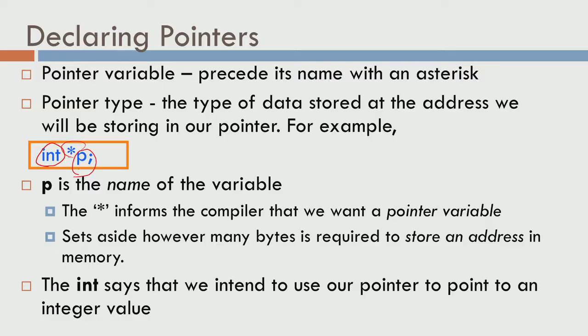So, p is the name of the variable and the star symbol there informs the compiler that we want a pointer variable, it should not be an integer p, it should be a pointer p, which means you are going to store addresses in them and not integer values. The compiler will set aside however many bytes you need to store the address. And this int before that says we intend to use this pointer to point to integer values. So, you could have floating point values and so on, in which case you need a floating point pointer.